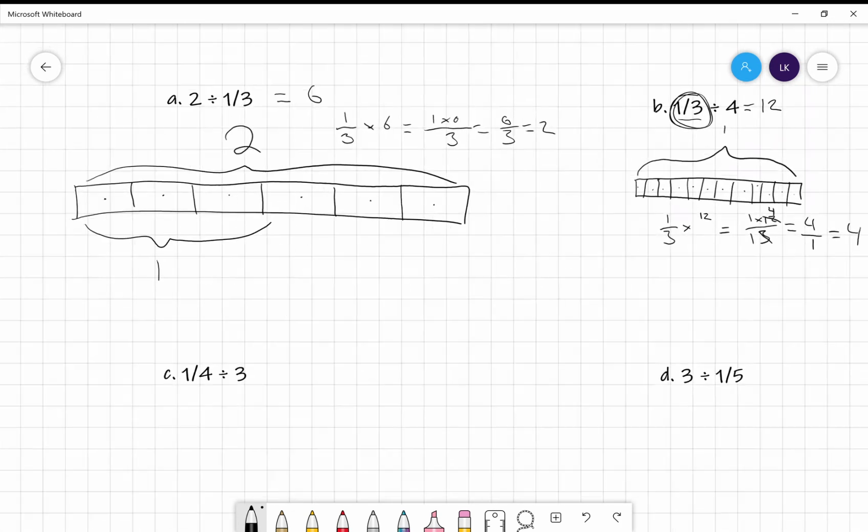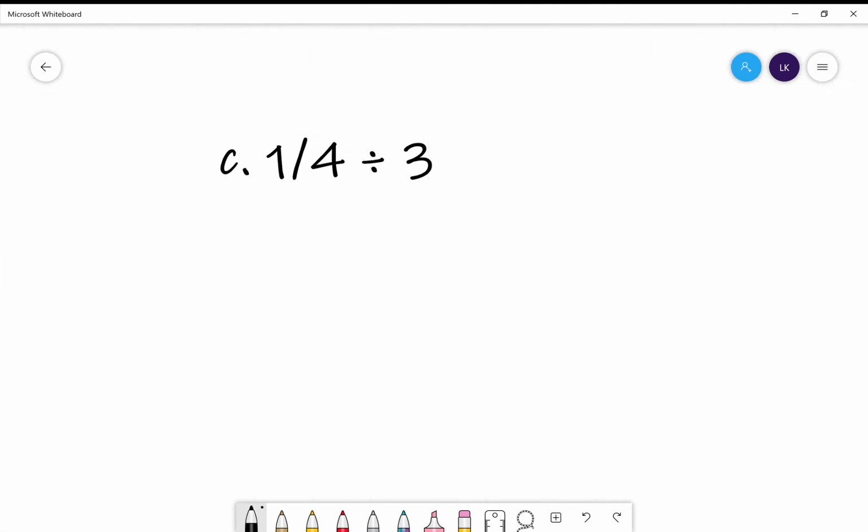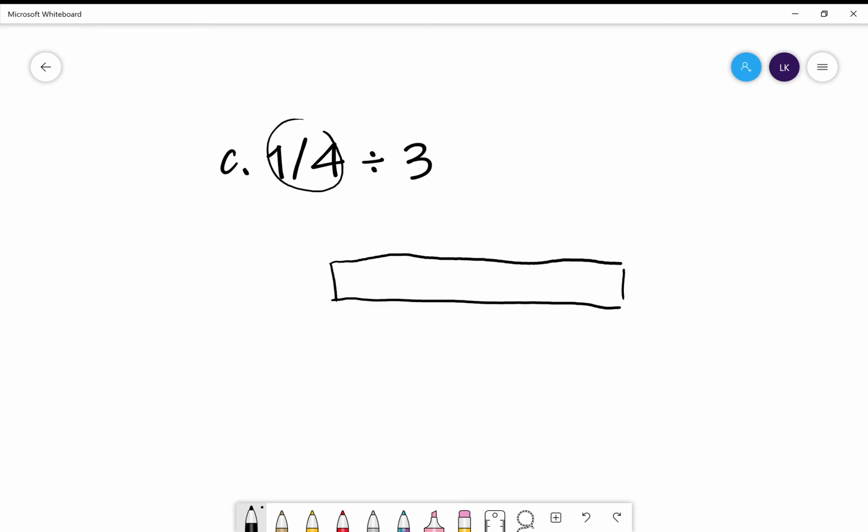All right, very very similar to the last problem. 1/4 divided by 3. Since our first number is the fraction, for our tape diagram I'm going to take 1 whole because it's 1/4 of 1 whole.